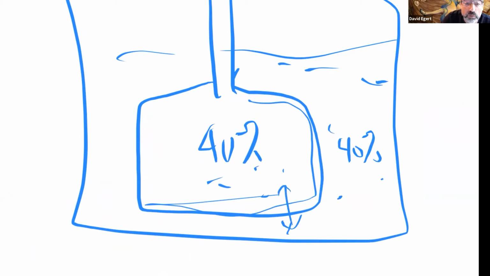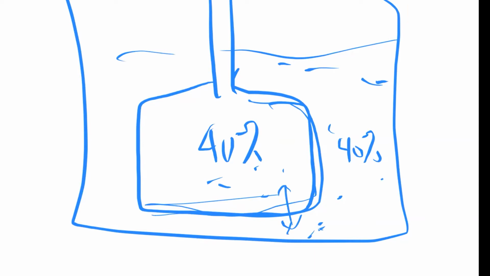So it's important when you're laying out your hypothesis that you make it clear that what's really important is the difference in concentration on the two sides. It's not just about what's inside the osmometer, it's also about what's outside the osmometer. So does that make sense?